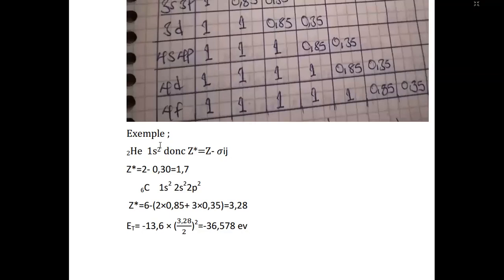So if you remove 1 from these 2 electrons, you remain with 1 electron. That is why I have written 0.30, since 1 times 0.30 gives the same 0.30. So it will be 2 minus 0.30, which gives 1.7. That's the effective charge, and it doesn't have units.